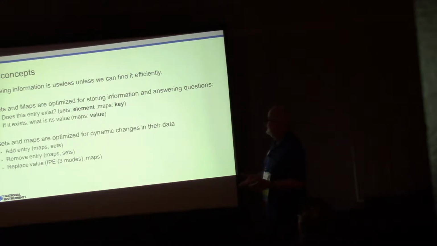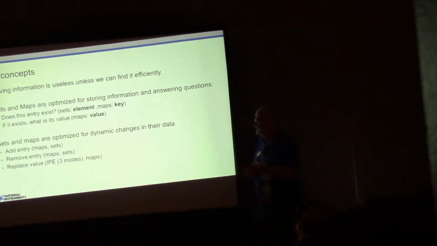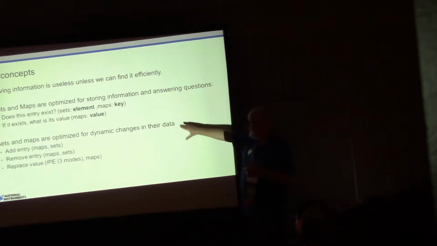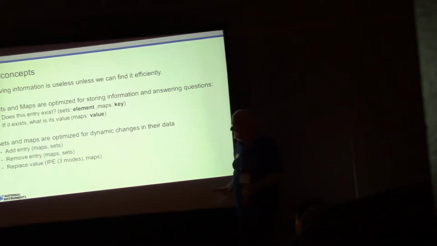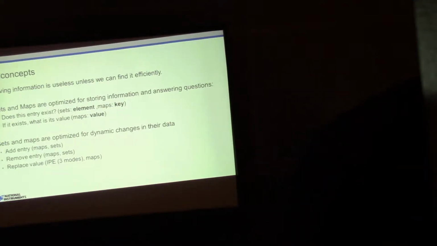For maps, does a certain key exist? And then if that key exists, what is the value that's associated with it? And they're optimized for dynamic changes in their data. We can add an entry, we can remove an entry, we can replace the value in the map for the given key. And all these things are very efficient.